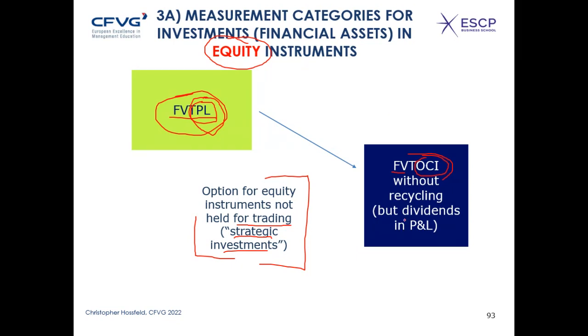The only thing that hits the income statement here are dividend payments that I may receive. Okay, so for equity investments, it's rather simple because it's fair value through profit and loss, and if not, fair value through OCI. And then we are good.